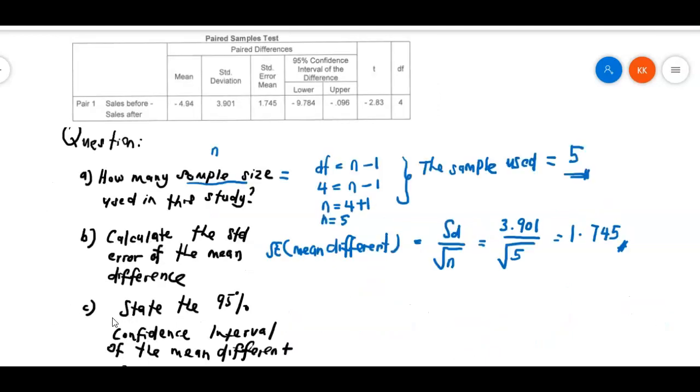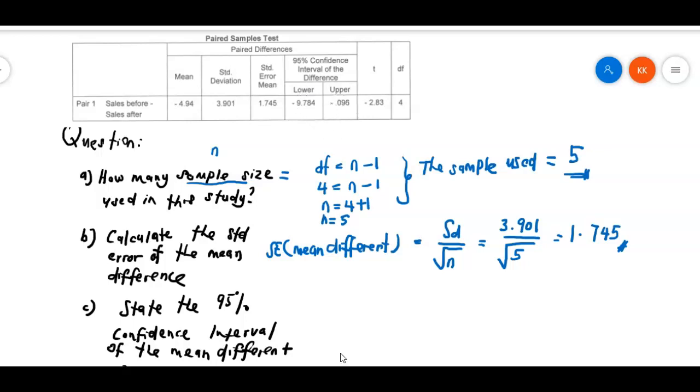Okay, the next question, state the 95% confidence interval of the mean difference. Bila ada soalan dia state, maksudnya you tak perlu kira. You hanya perlu tengok balik dekat output. So you go back to the output. So here is 95% confidence interval for the difference, and the output already given the lower confidence interval and the upper confidence interval.